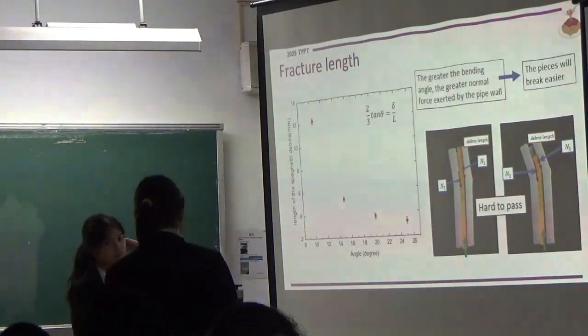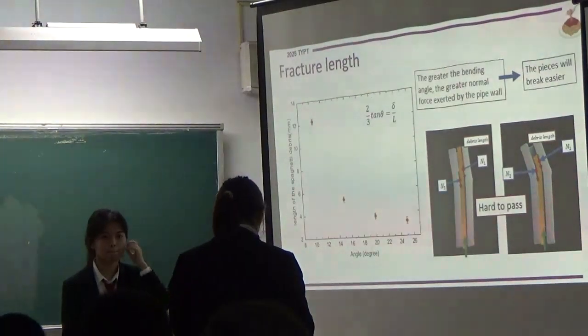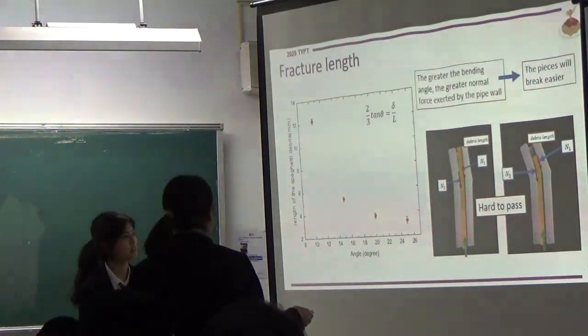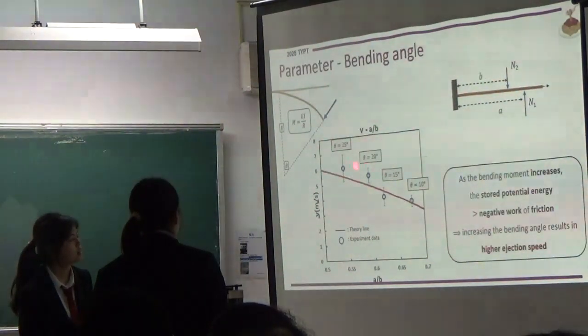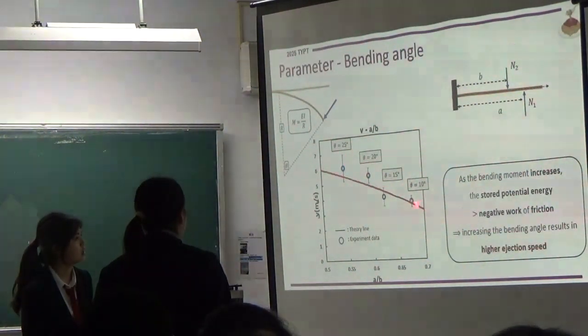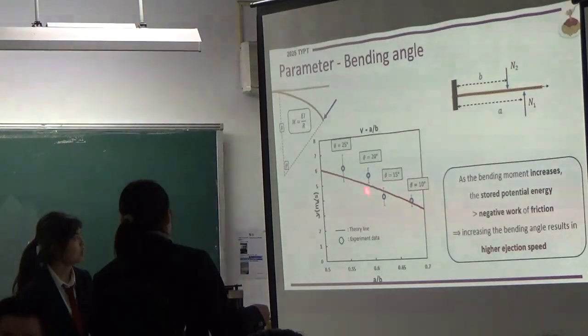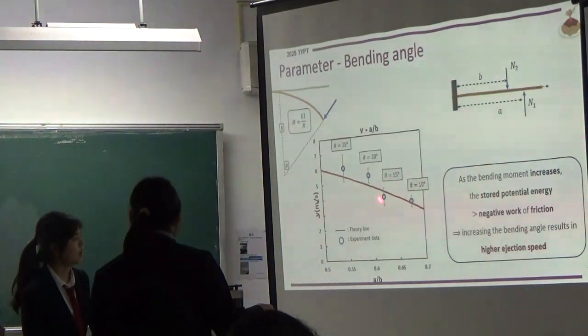Okay, then we'll move to the next one. Turn to page 19. Here are four dots. Why is the third one under the line?